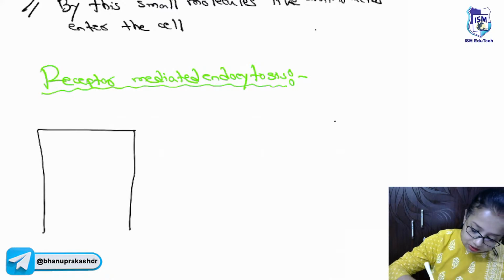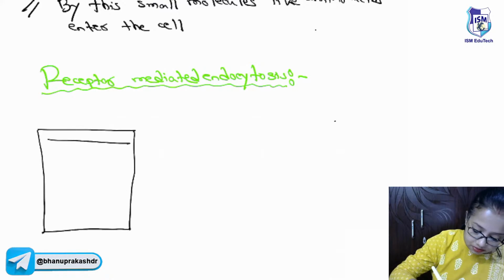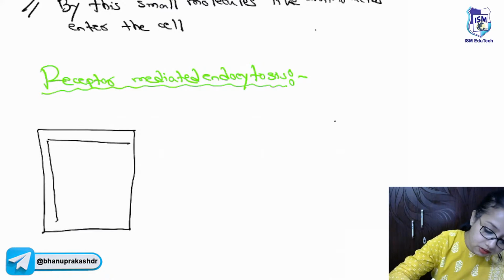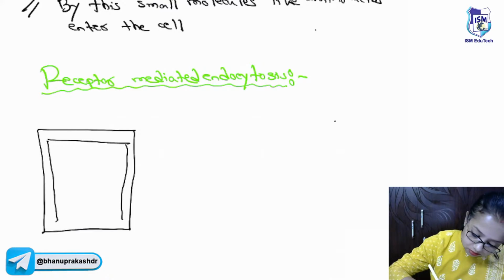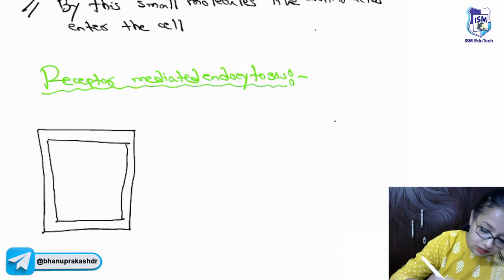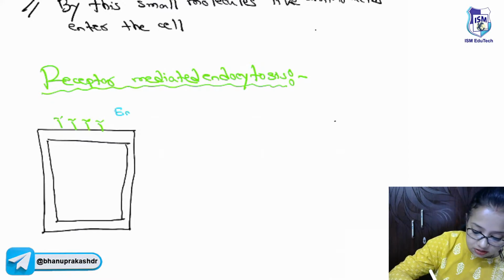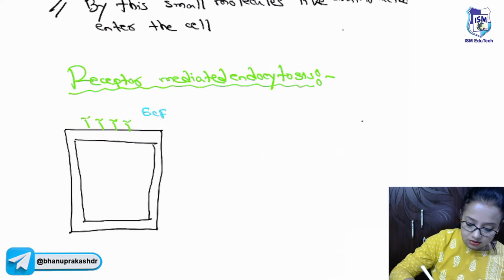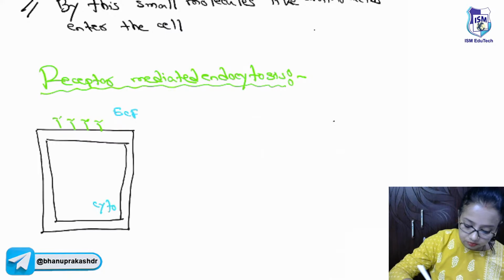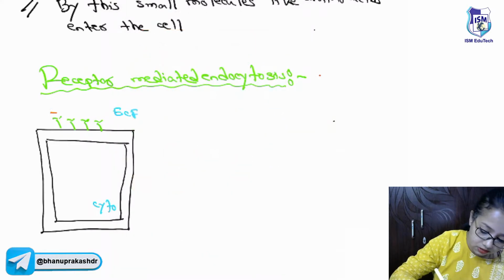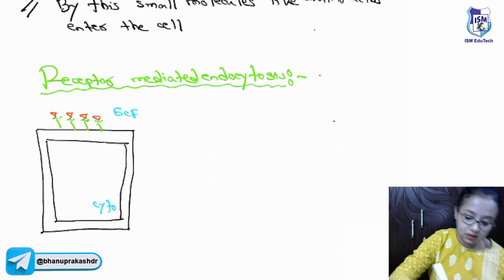So let us again draw the hypothetical diagram of the cell. This is the cell. Here there are certain receptors facing the ECF. This is your cytoplasm. When the molecules come, they first bind onto the receptor.